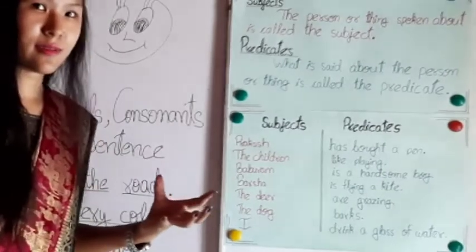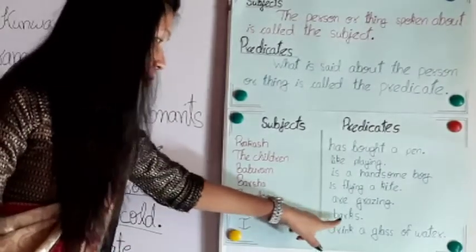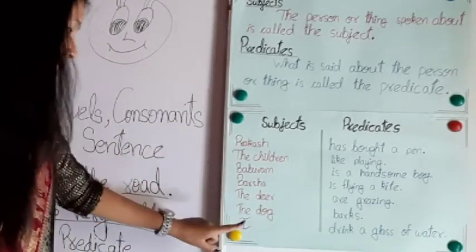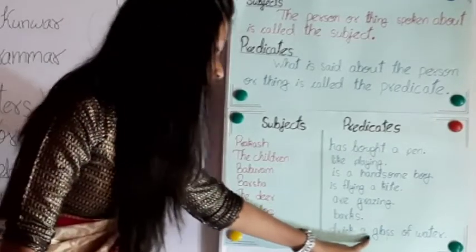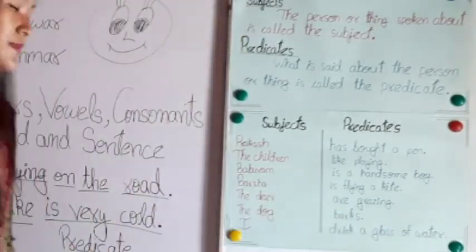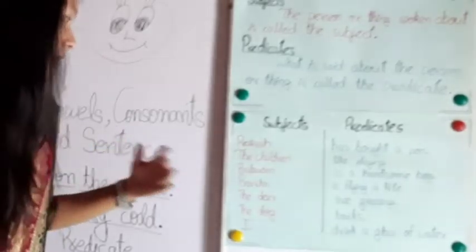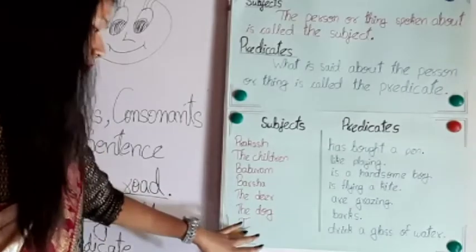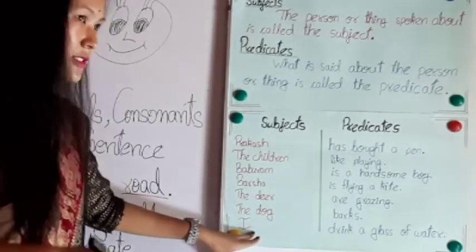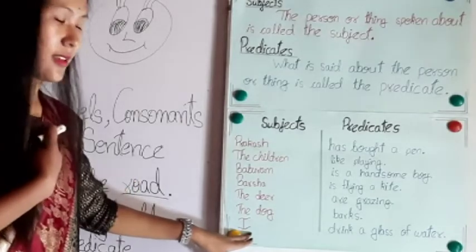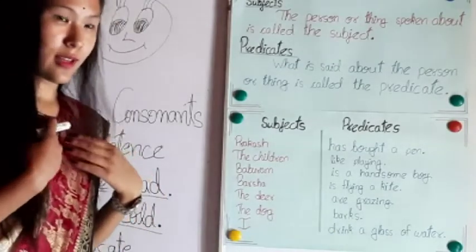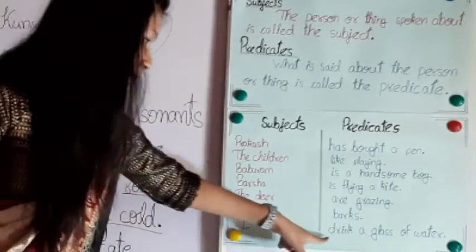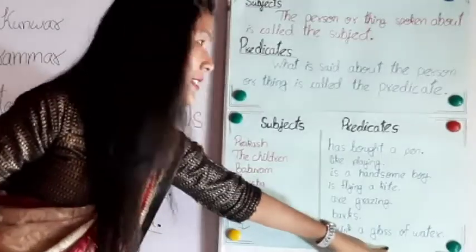He is barking. Yes, the dog is barking, so barks is the predicate. And the last sentence is: I drink a glass of water. Here I is the subject, because in this sentence we are talking about I. So what am I doing? I am drinking a glass of water. So I is the subject and drink a glass of water is the predicate.